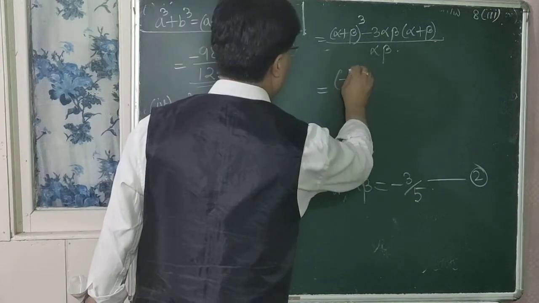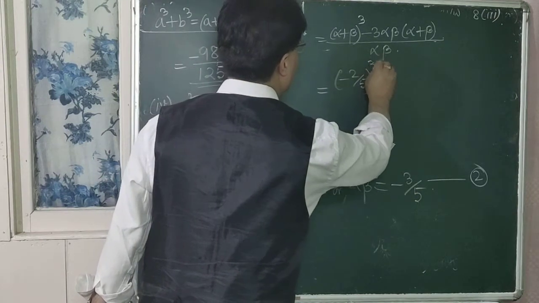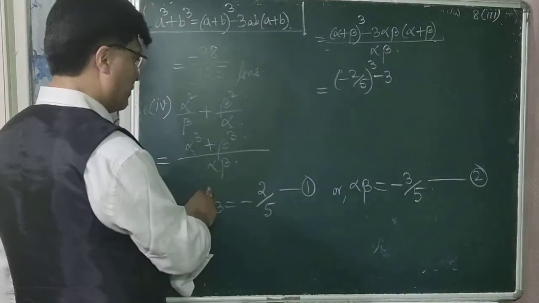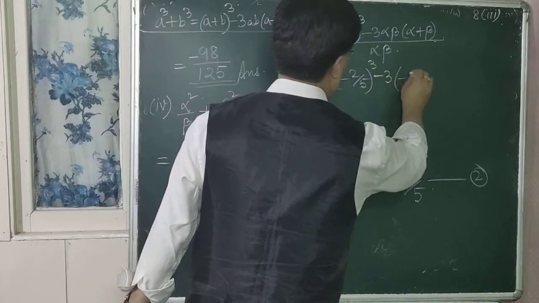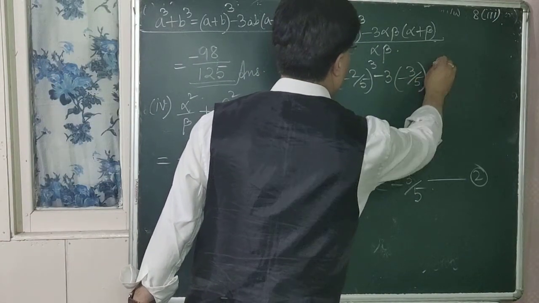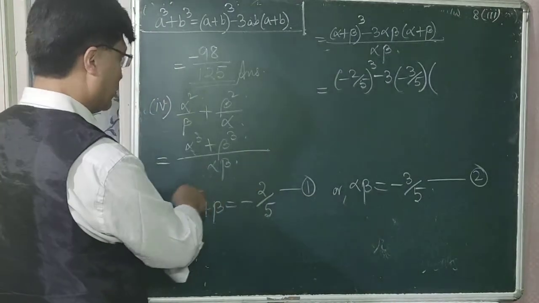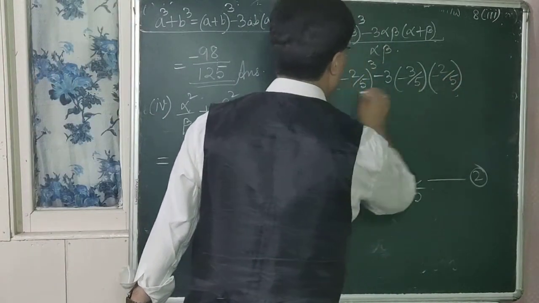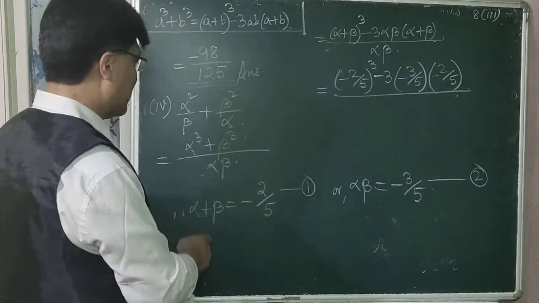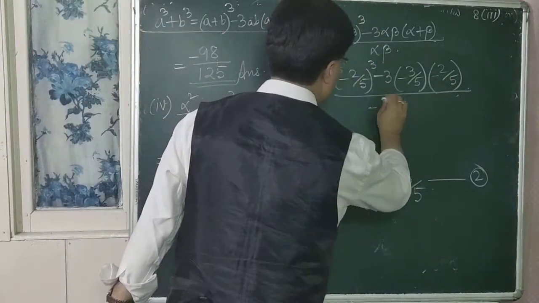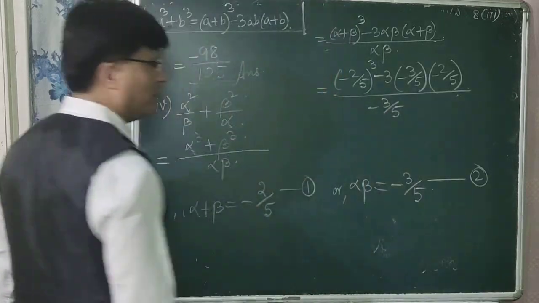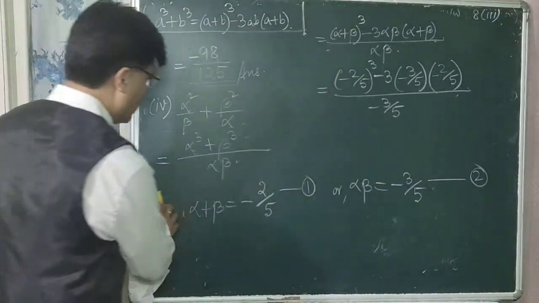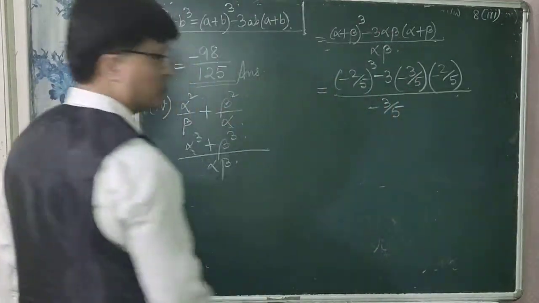It is minus 2 by 5 whole cube minus 3 into what is alpha beta? Minus 3 by 5, right? And what is alpha plus beta? It is minus 2 by 5. This whole divided by, what is alpha beta? Alpha beta is again minus 3 by 5.